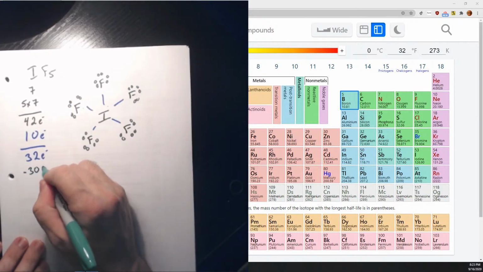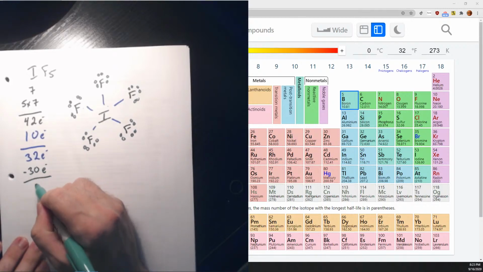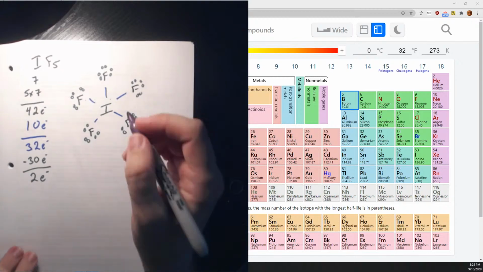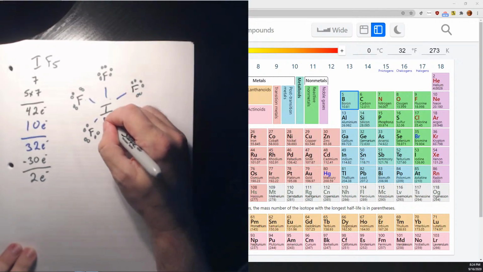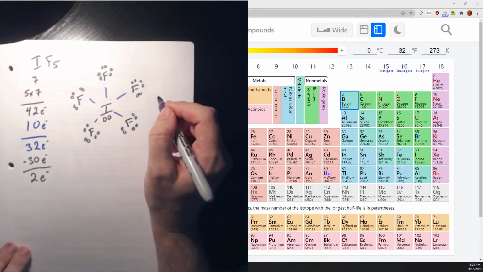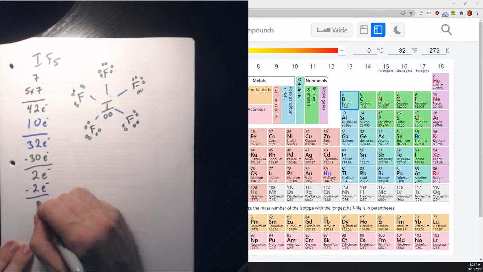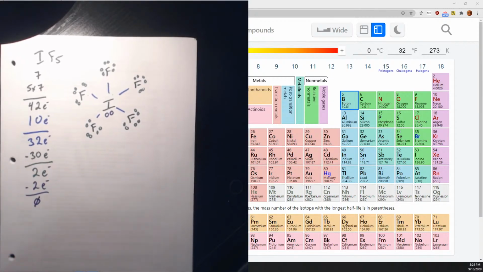So filling in the octets uses up 30 of our remaining electrons. We have 2 left over. Those 2 electrons will now go on iodine as a lone pair in order to use them up. So 2 more electrons, we're down to 0. So all of our fluorines have a stable octet.